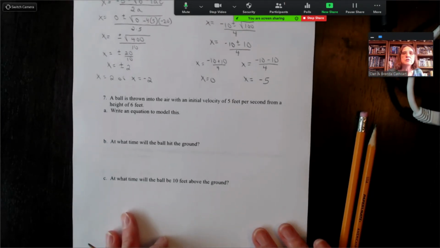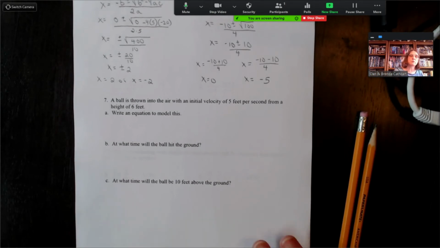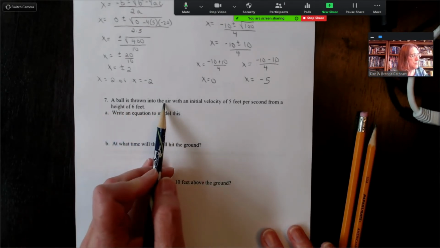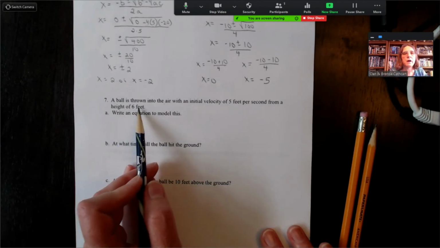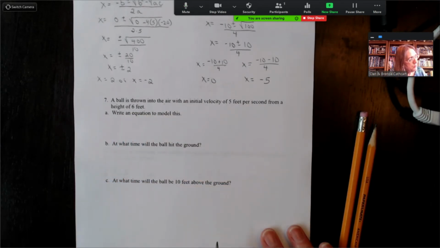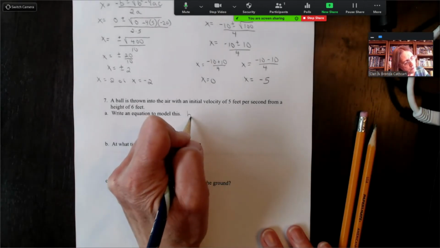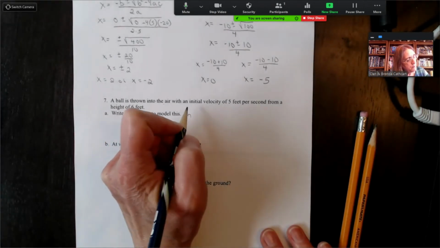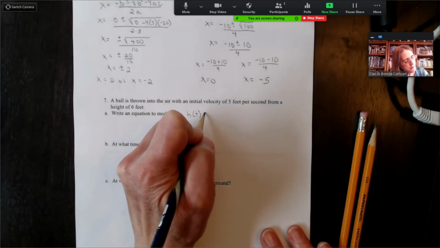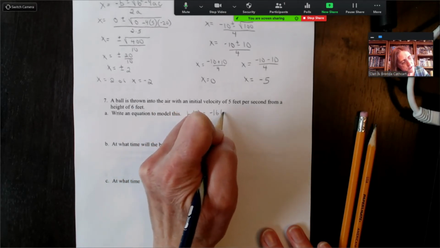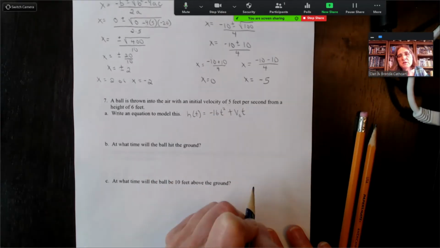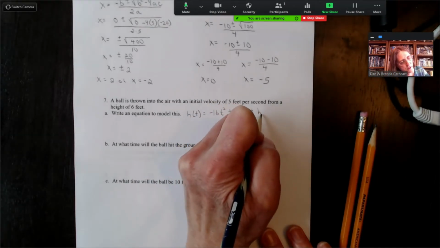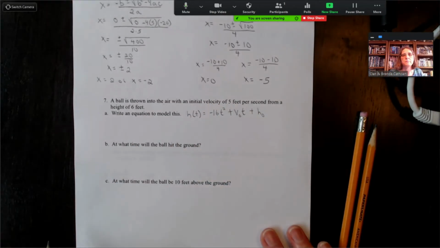Okay, an application. We've looked at applications of this type before. It says a ball is thrown into the air with an initial velocity of 5 feet per second from a height of 6 feet. So we have learned that our model for this equation is that the height above the ground at some time t is equal to negative 16t squared plus the initial velocity times time plus our starting height h0.